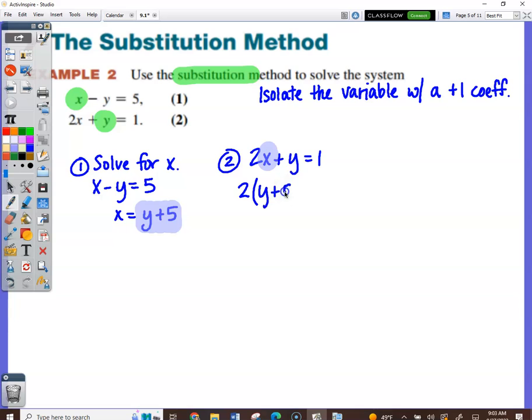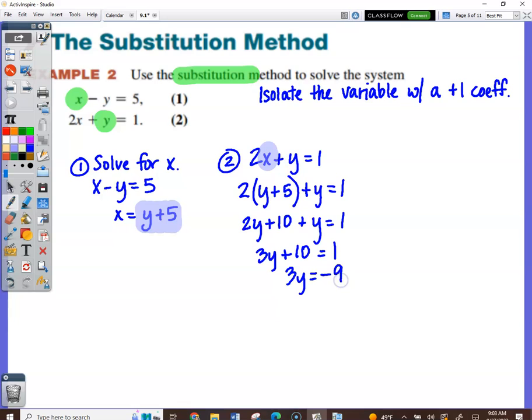Parentheses, y plus 5, bring down plus y equals 1. Clean it up, distribute the 2. Combine like terms. Subtract 10. Divide by 3. That's part of your answer.